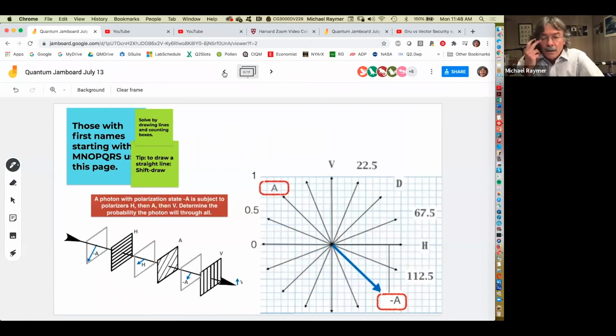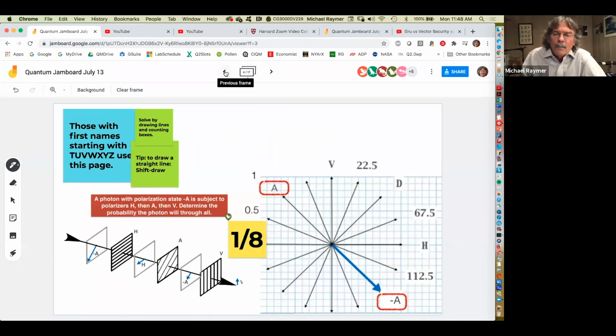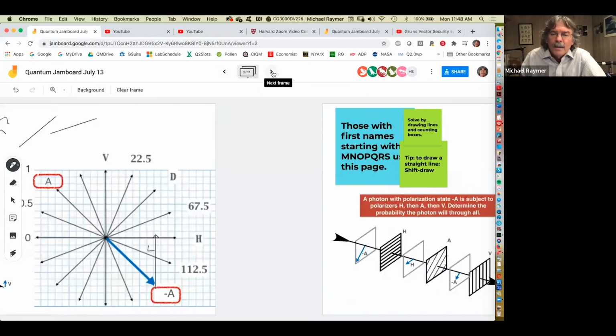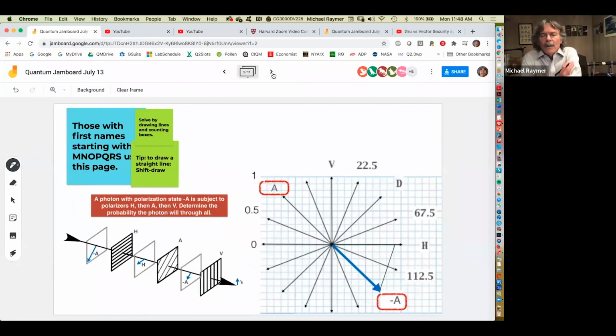Nope, that's in the wrong place. It has to start at the very tip of the blue arrow on page 3. So you can erase that one or leave it there and draw another one. I see nothing on page 4, but maybe there's nobody in that name category. Oh, no, on page 3, that is not correct. It has to be at a right angle when it intercepts the H axis.